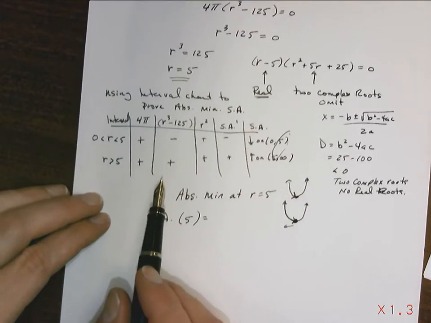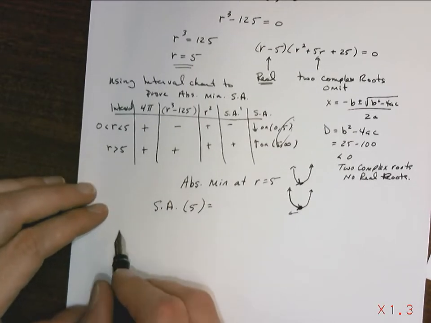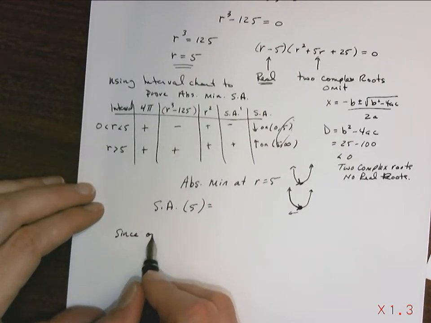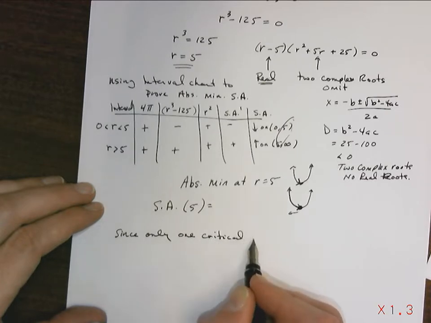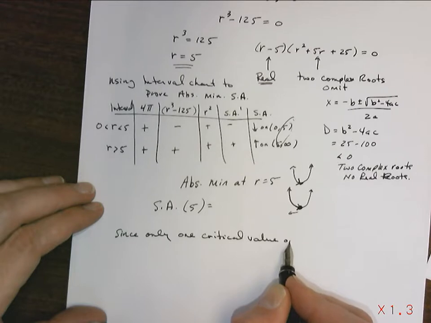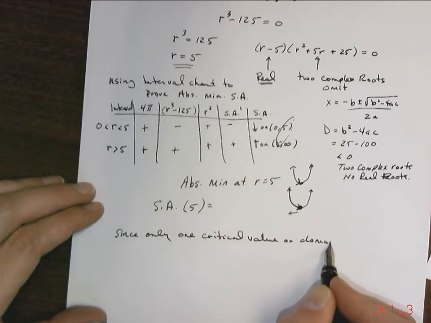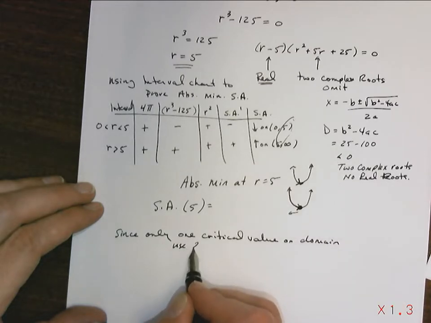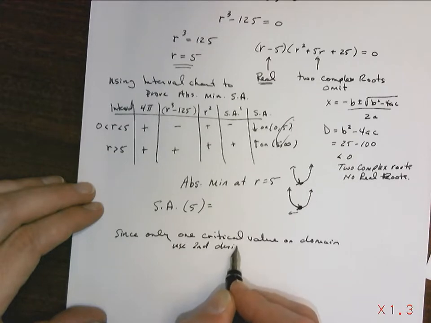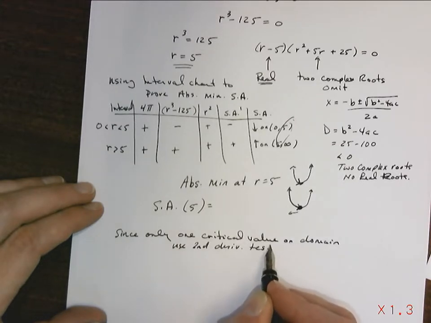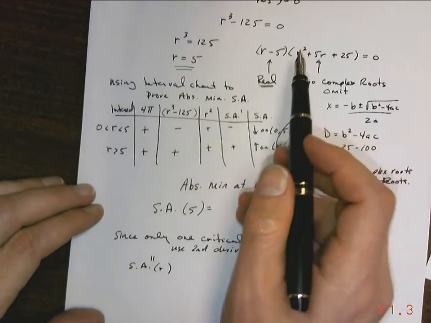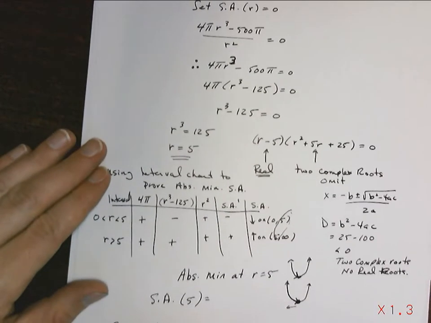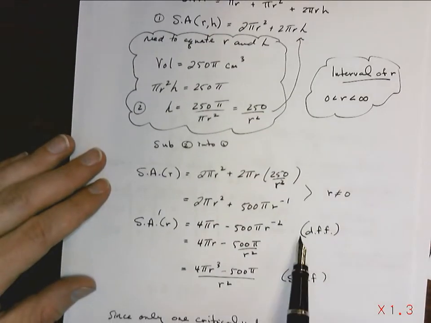What I would like to do is take a look at using the second derivative. Since there is only one critical value on the domain, we're going to use the second derivative test. Looking up here at the first derivative, where's my derivative-friendly form? Here it is.